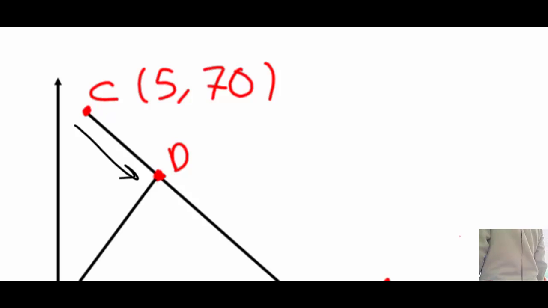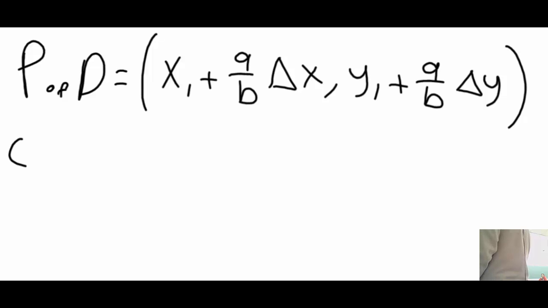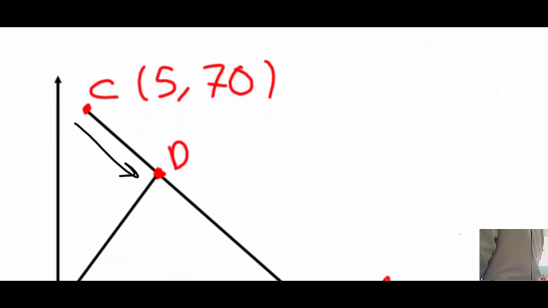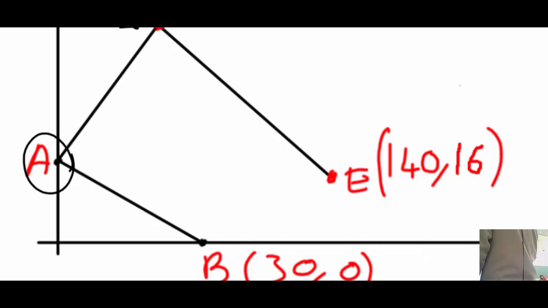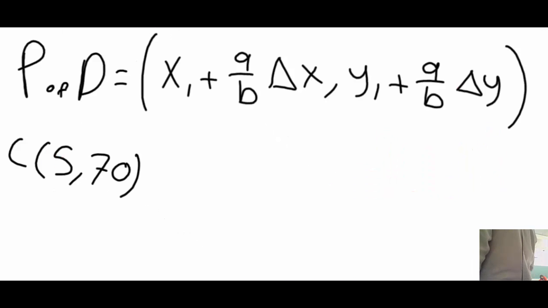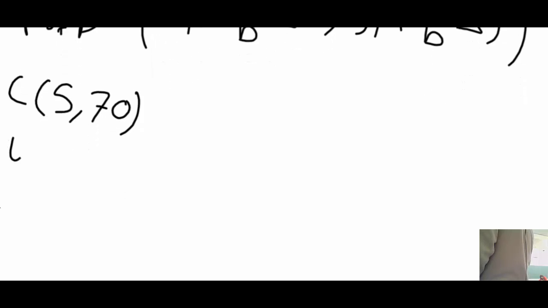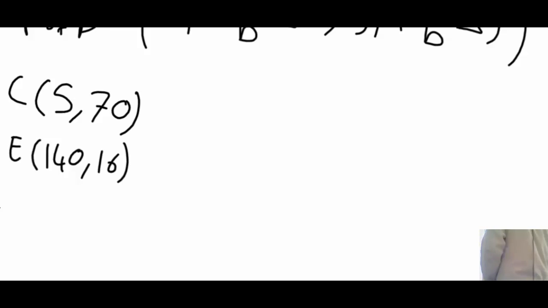C is (5, 70). How about E? E is (140, 16). So I need to label those first.